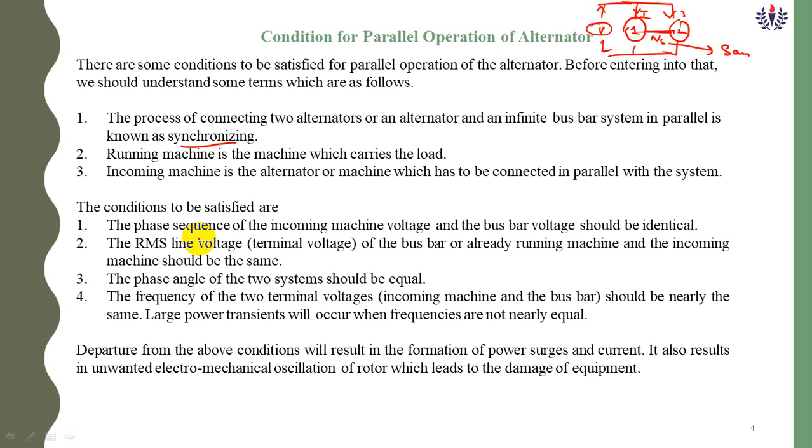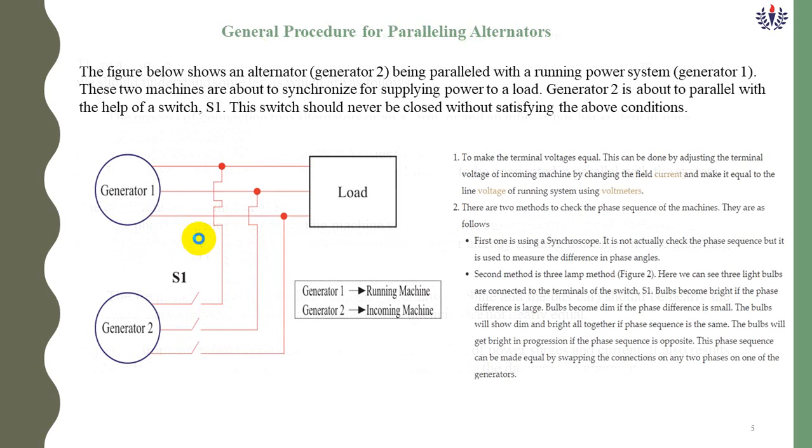Third, the phase angle should be equal. Fourth, the frequency of the two terminal voltages, equal to 50 hertz, should be same. This is the condition of parallel operation of alternator.